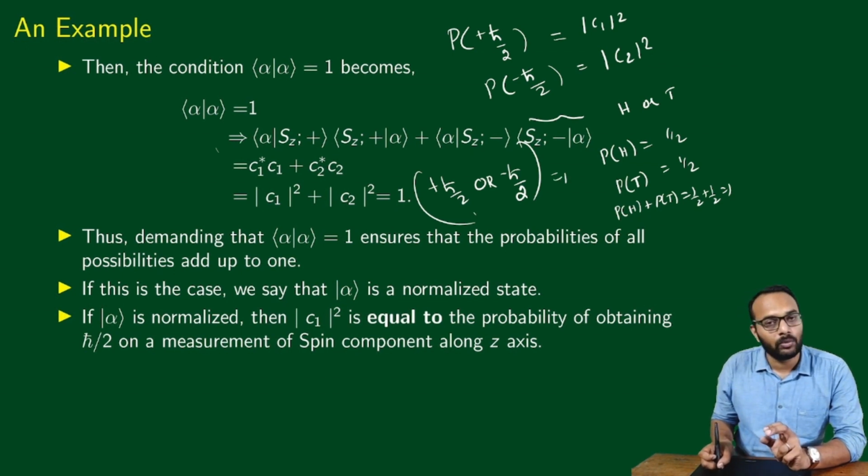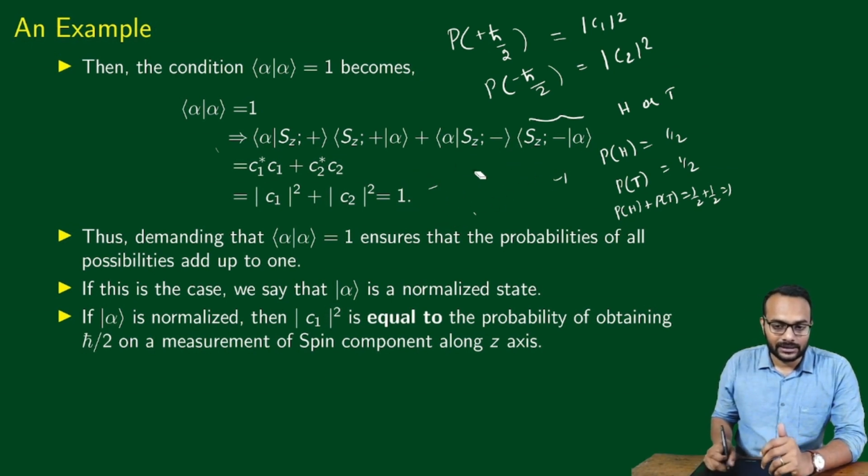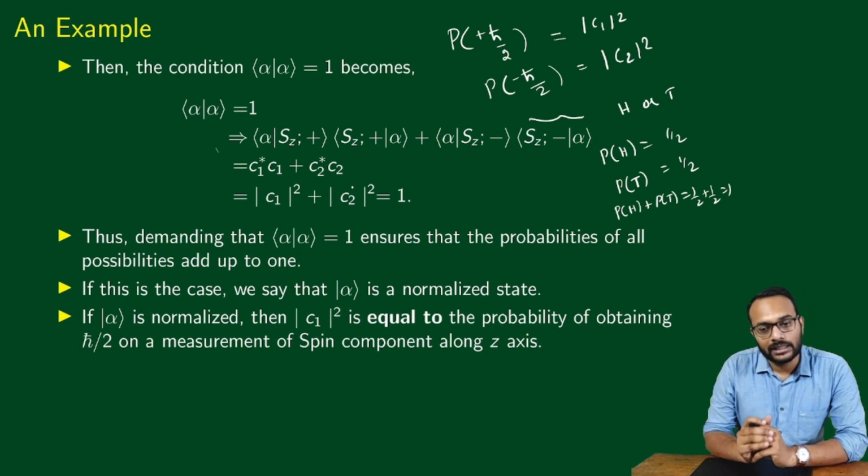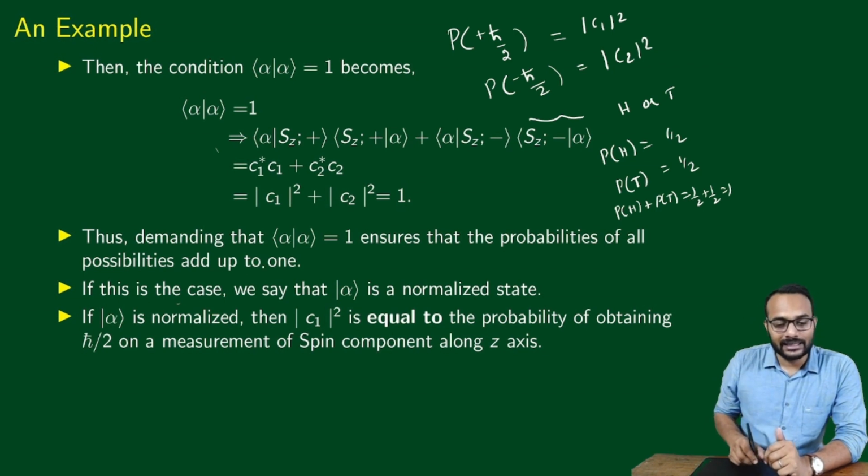The probability has to be 1 because we are sure to get either this or this. If these are probabilities, they have to add up to 1. Otherwise, we'll have to normalize them. If this is the case, we say that ket alpha is a normalized state.